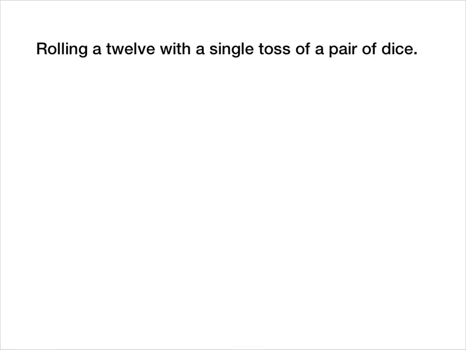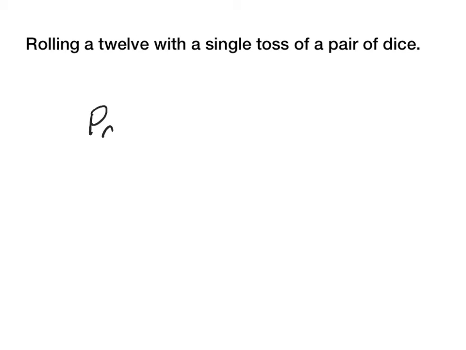Rolling a 12 with a single toss of a pair of dice. Now, this is easy to figure, but it is a complex event, so let's go ahead and work out the probability using the formula. The only way we can get a 12 is that we get a 6 on the first die and a 6 on the second die, right? So we have to get two 6s to get a 12.